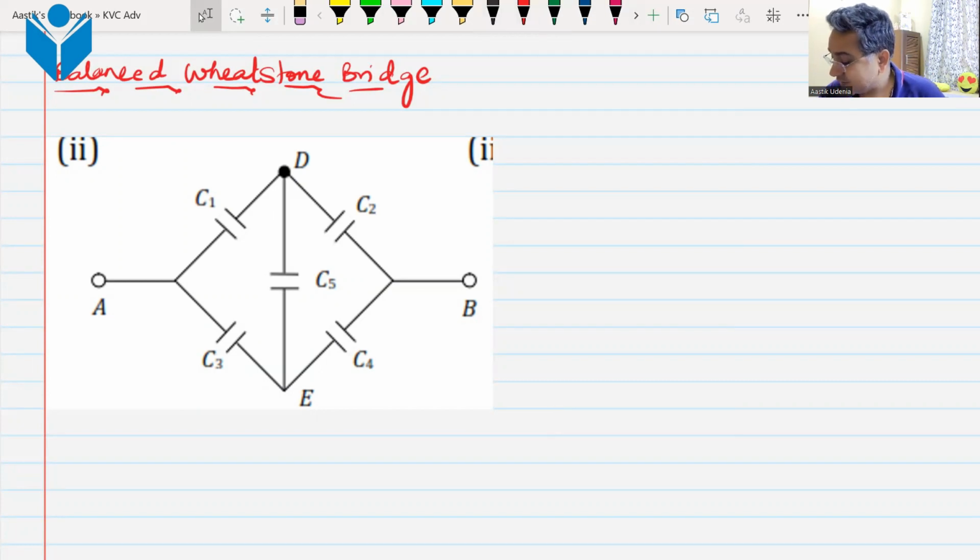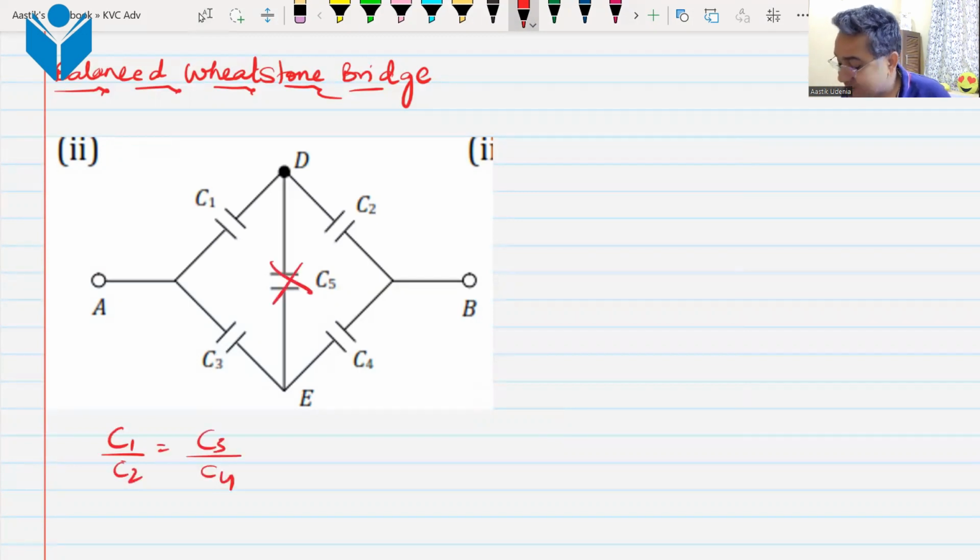If we have this scenario where C1 by C2 is equal to C3 by C4, no matter how you write it, nothing comes here. The voltage of point E and the voltage of point D become the same. Do we understand this? Yes, sir.